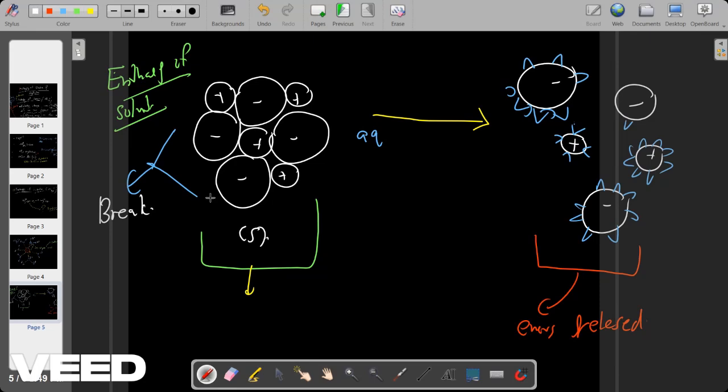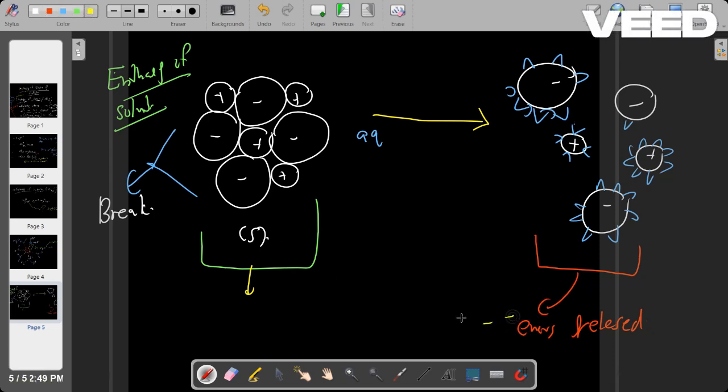To break the lattice, what do you need? Energy. That energy must be taken from the surroundings. Surrounding means the energy released here is used to break the lattice. Now you may ask a very interesting question. Breaking the lattice is endothermic, it absorbs energy.